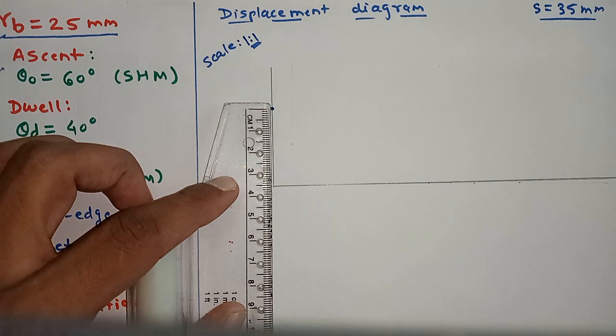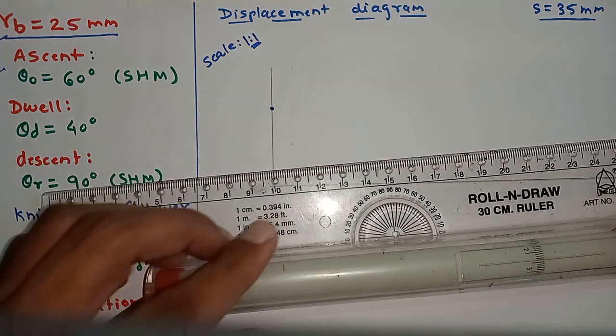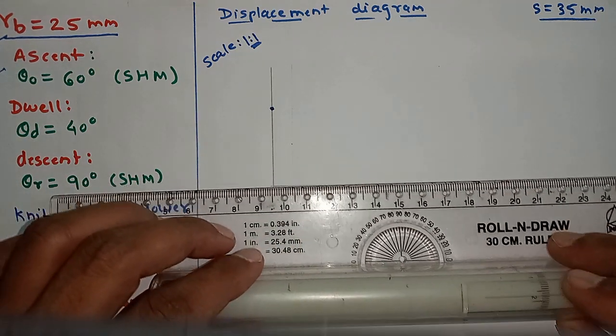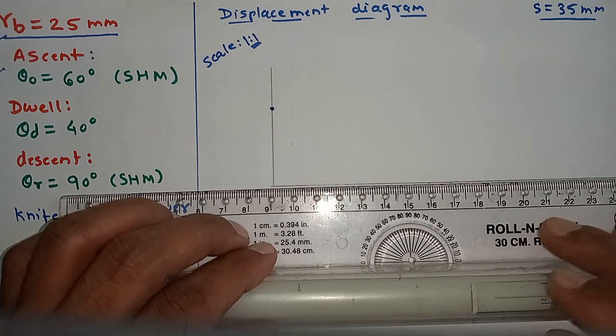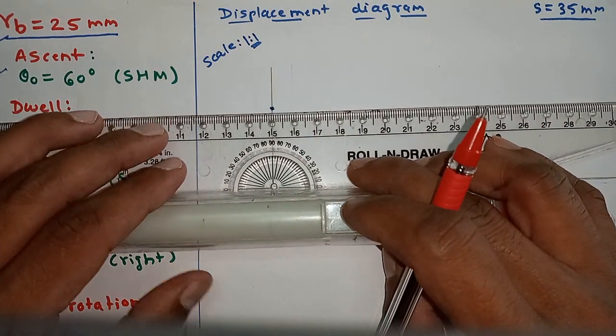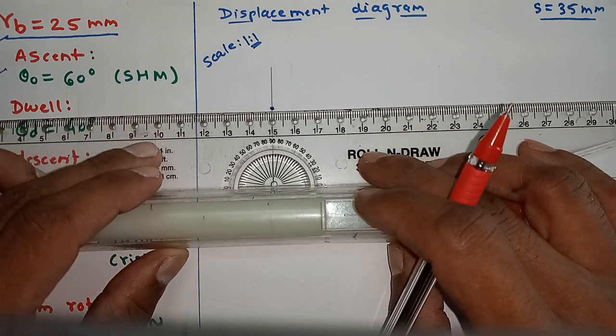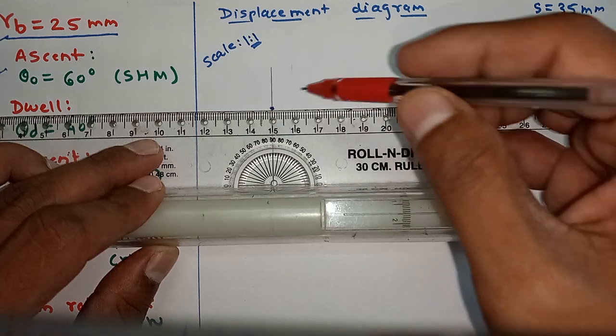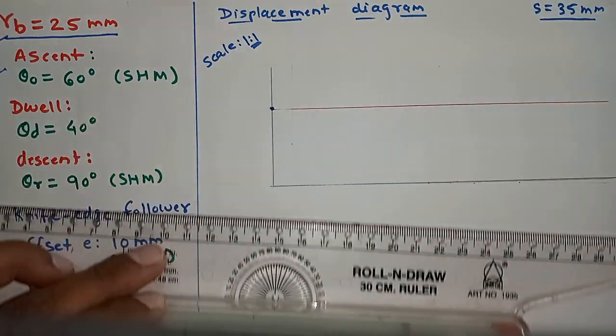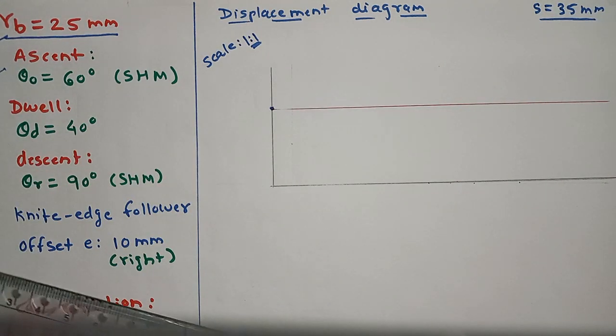So this is the stroke. I will draw one horizontal line parallel to the x-axis through this point.